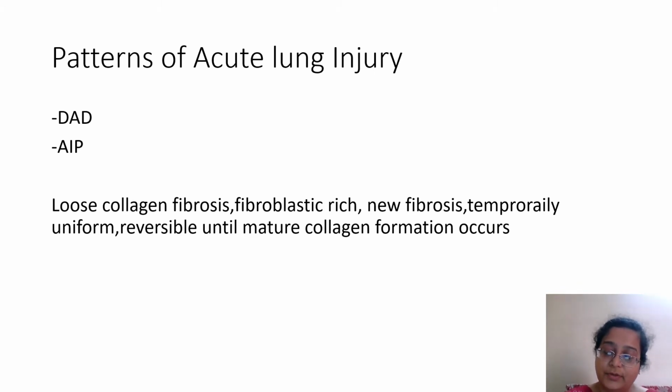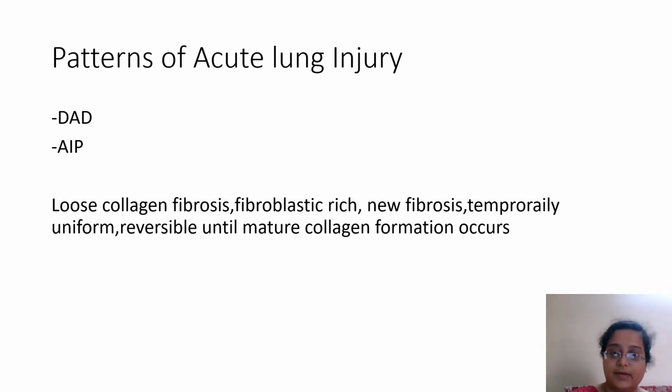But the difference between a new acute collagen which is forming and an old lesion with fibrosis is that the collagen is loose, there are fibroblast-rich foci, they are very uniform, and they are very reversible. Unless that acute injury is so prolonged that it is happening repetitively over a period of say 3 months, 6 months, this very new, very loose collagen develops into a mature collagen.